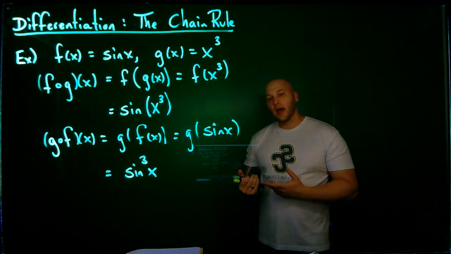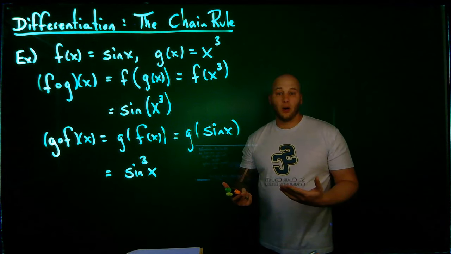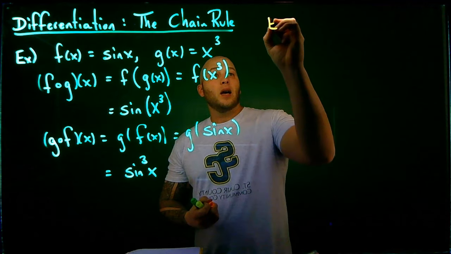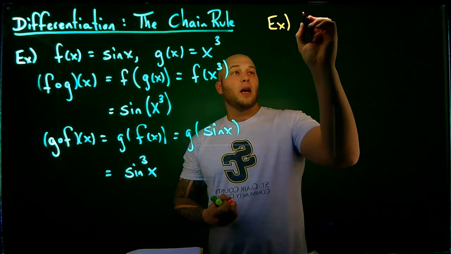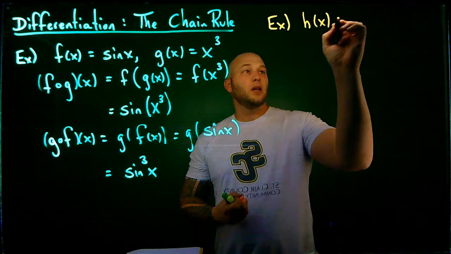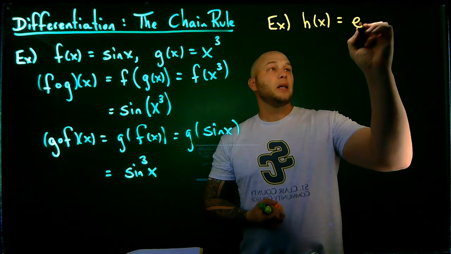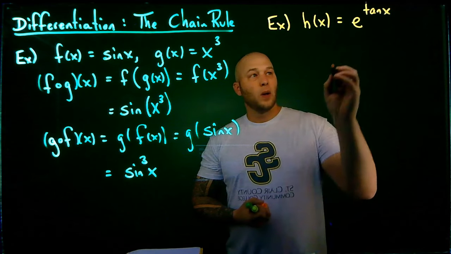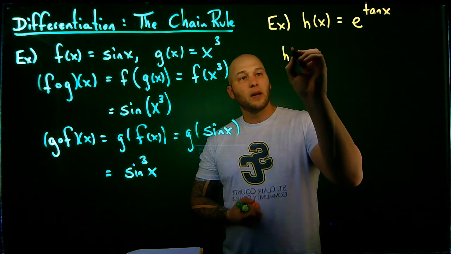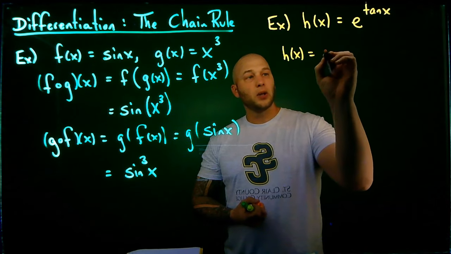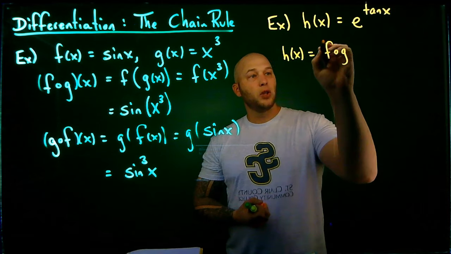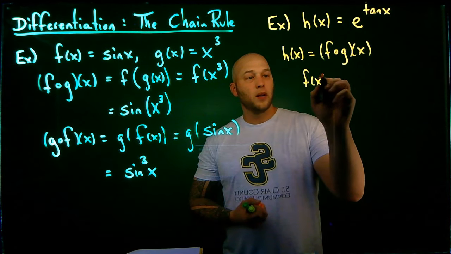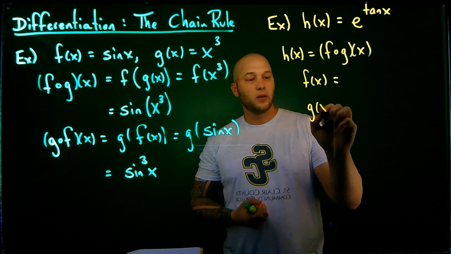And not only that, I have to recognize the order of the composition, meaning let's say I look at the function, I'll call it h of x, is equal to e to the tangent of x. Well, what I want to do is I want to represent this function as a composition, f composed with g, and I want to identify what is f and what is g.